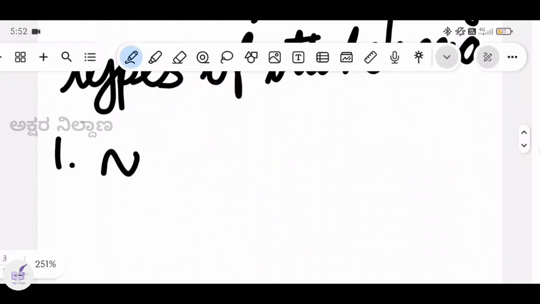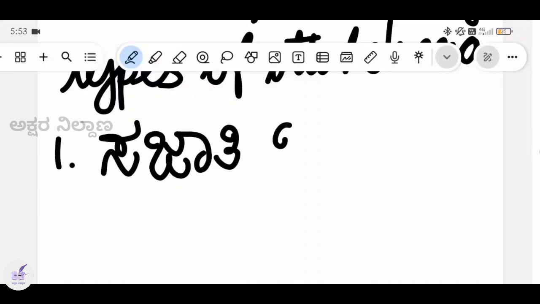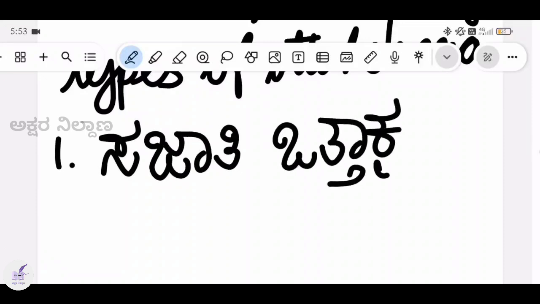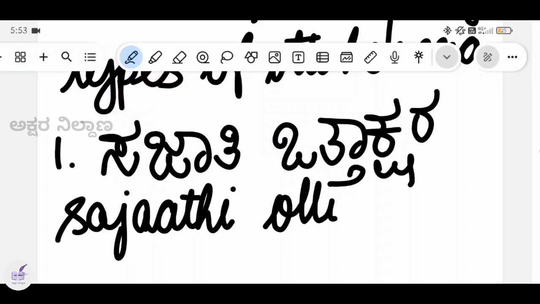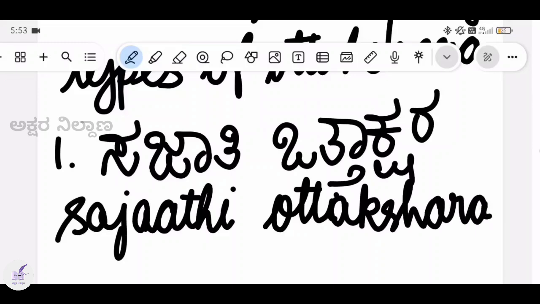First one is sajati vatakshara. There are only two types.